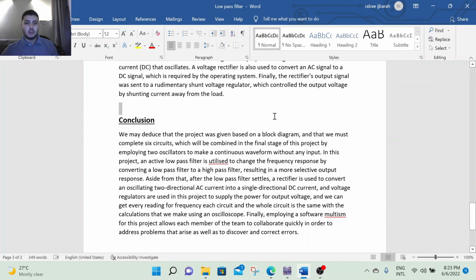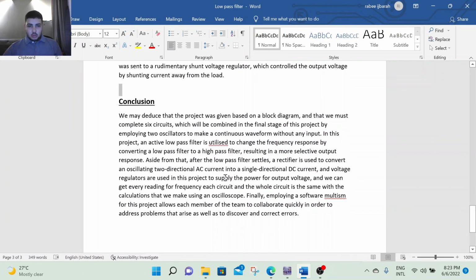Aside from that, after the low-pass filter settles, a rectifier is used to convert an oscillating two-directional AC current to a single-directional DC current, and voltage regulators are used in this project to supply the power for the output voltage.